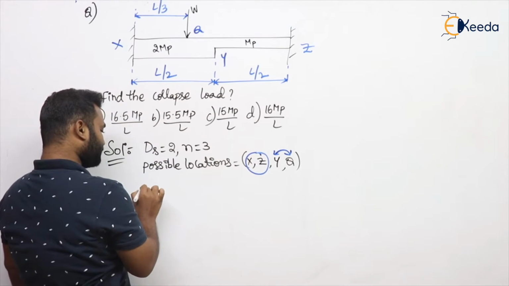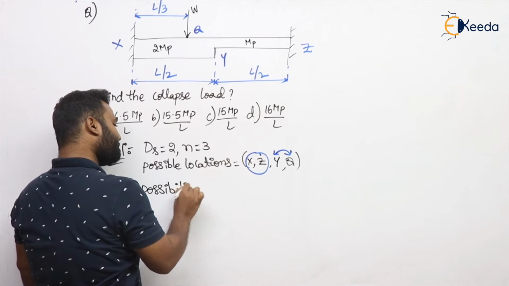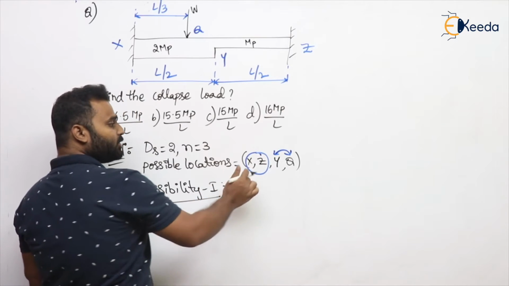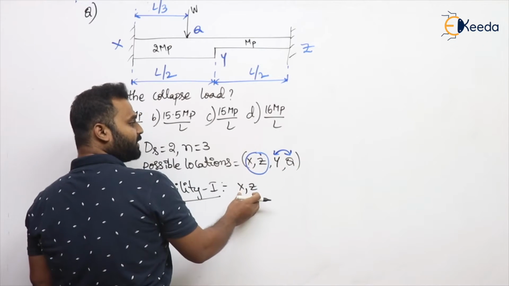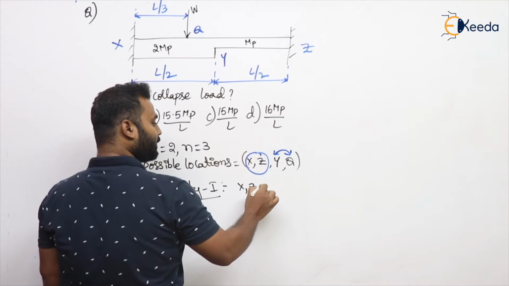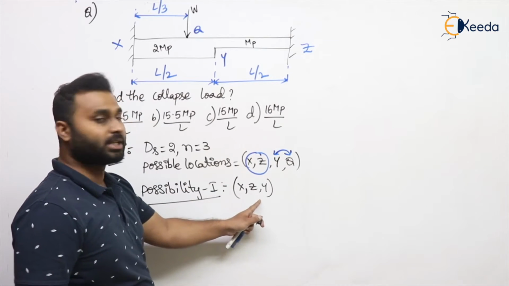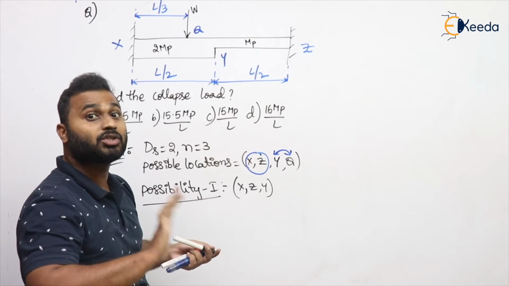So possibility 1. As I said, X and Z are fixed, so the first possibility I will assume at Y. So these are the 3 locations where plastic hinges will form for the formation of mechanism.